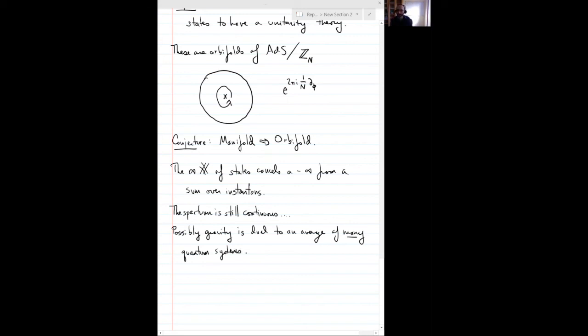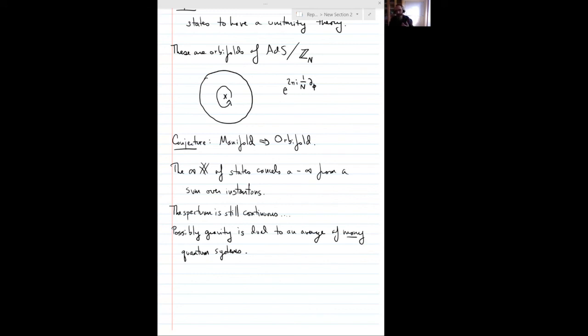An individual Hamiltonian has a discrete spectrum, right? If you take an n by n Hermitian matrix, then that has a discrete set of eigenvalues. But if you average over the space of all n by n Hermitian matrices, you get a continuous eigenvalue density. For the Gaussian ensemble of Hermitian n by n matrices, you get the famous semicircle law.